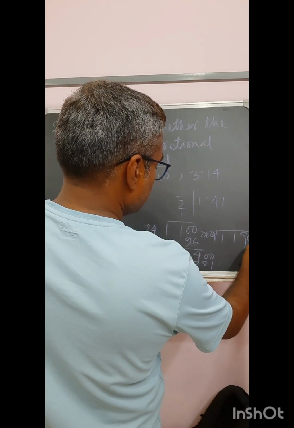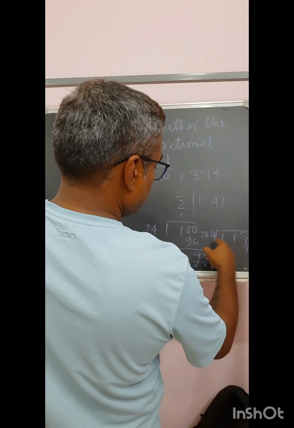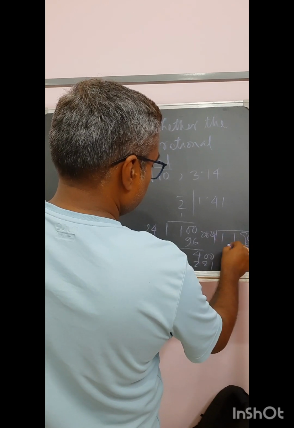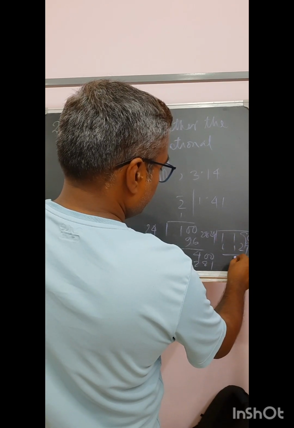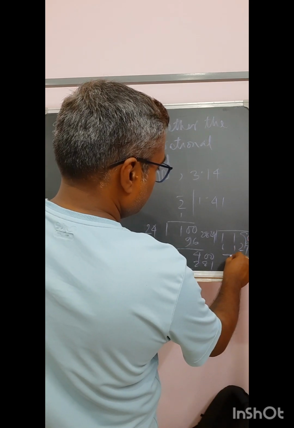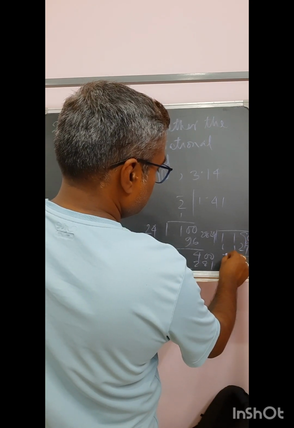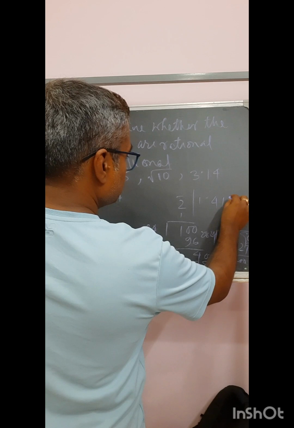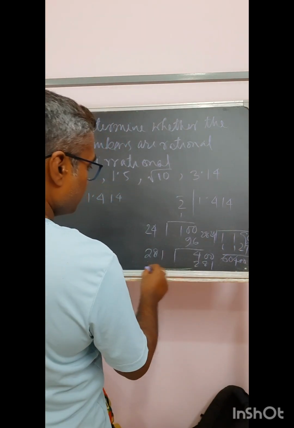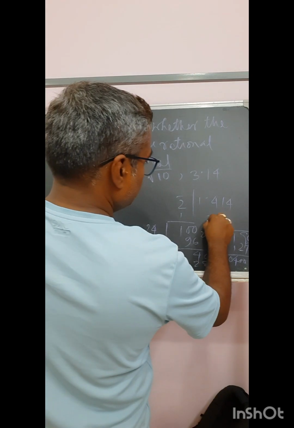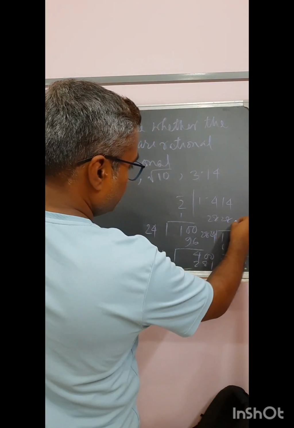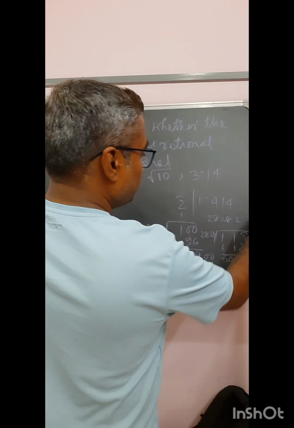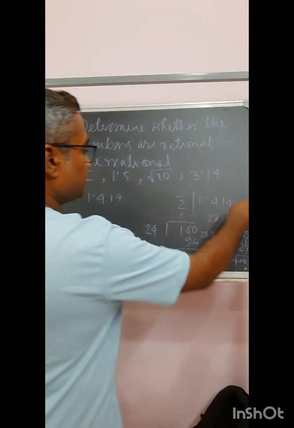So it will give 4 for the 16, 96, 28, 4 into 32, and so on. If I go on doing this, then again it will come 2, 8, 2, 8. Every time I will get some other number, so that is not a repeating type.